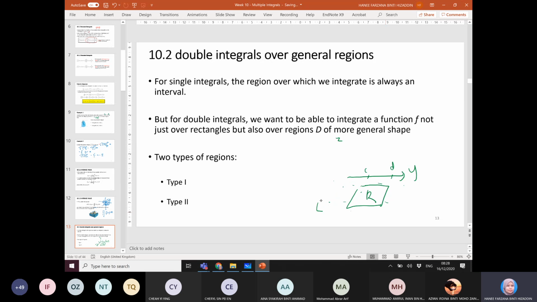We want to be able to integrate the function not just over a rectangular region but over a region of more general shape, any shape. The region D is of any shape.